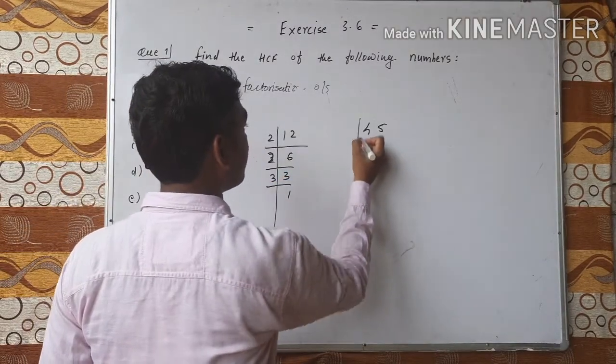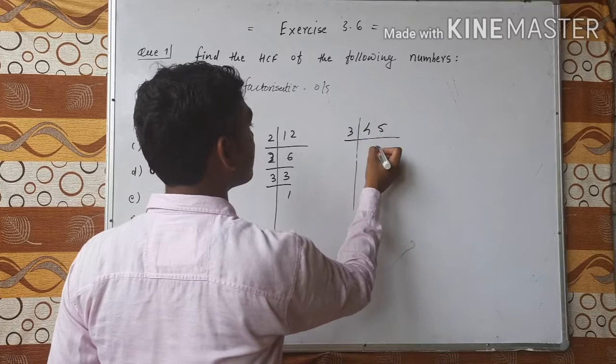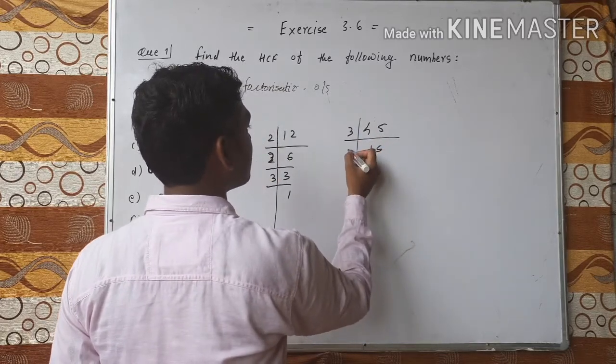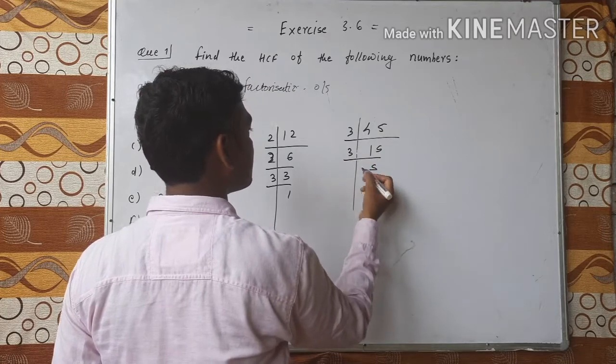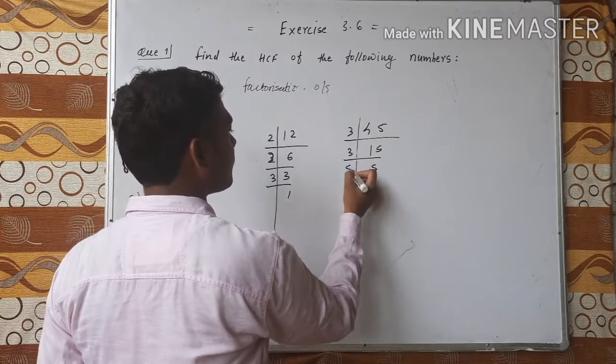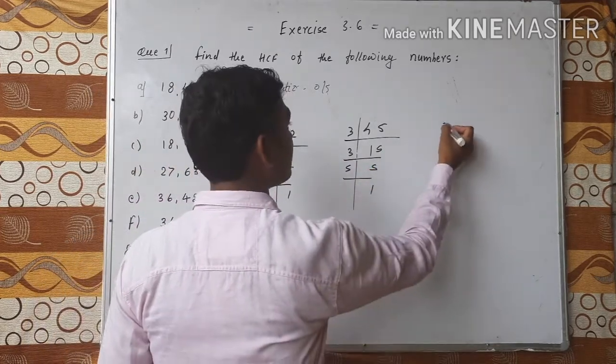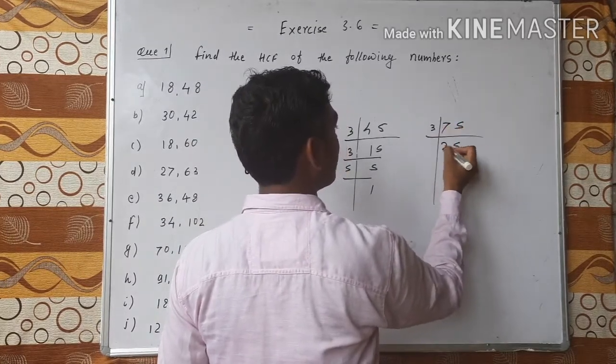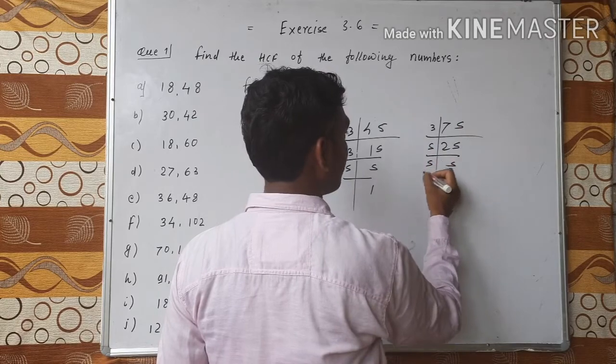Factors of 45: 3 15 times, 3 5 times, 5 1 times. And finally 75 is also divisible by 3, 3 25 times, and 5 5 times and 5 1 times.